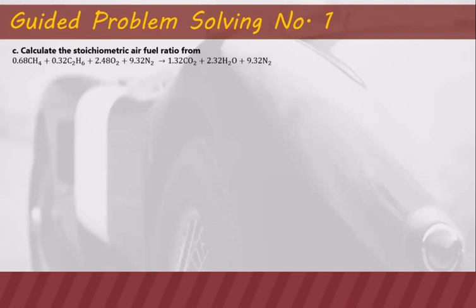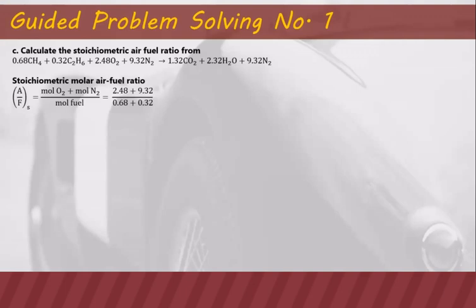For this, we use the result from the 100% theoretical air, and we already have that equation from letter A. All we have to do is use our formula for the stoichiometric molar air-fuel ratio, which is equal to the number of moles of oxygen plus the number of moles of nitrogen divided by the moles of fuel.